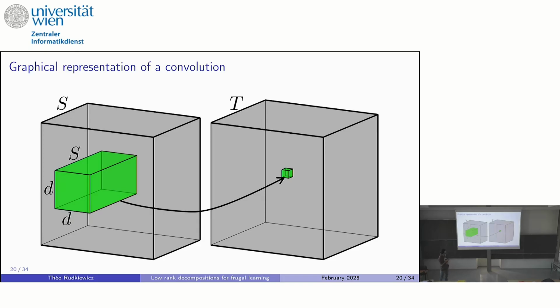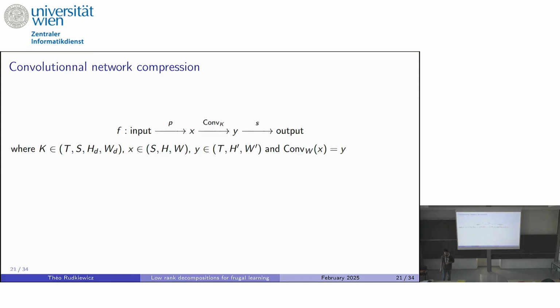So in general, for the convolution mask, we'll do the same as for linear layers, but here, instead of having a linear layer, we suppose we have a convolution.